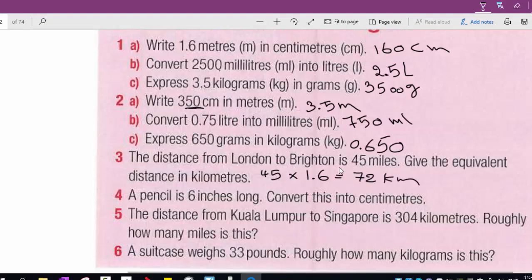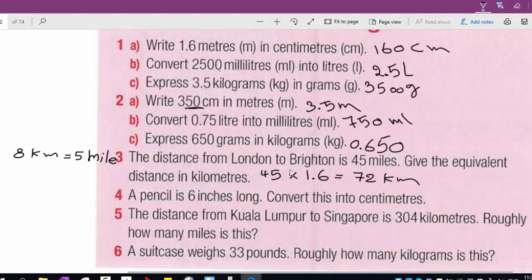Or there's another scale between miles and kilometers: 8 kilometers are equal to 5 miles. Since the given distance is in miles, divide 45 by 5, which gives 9.